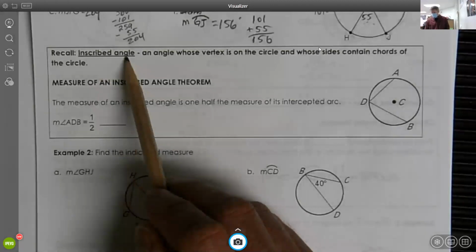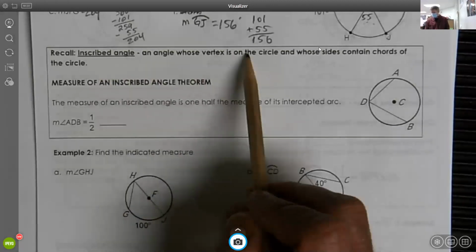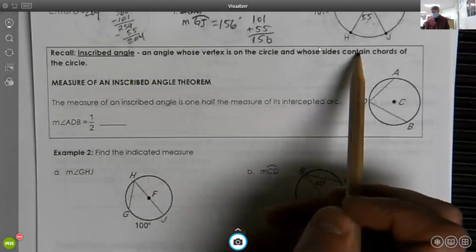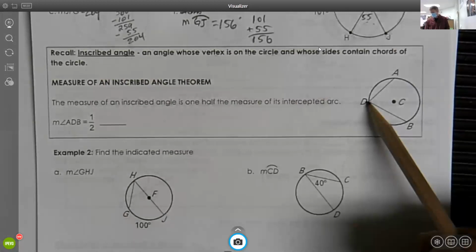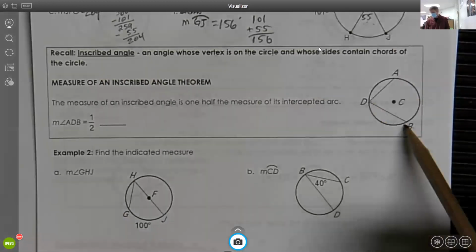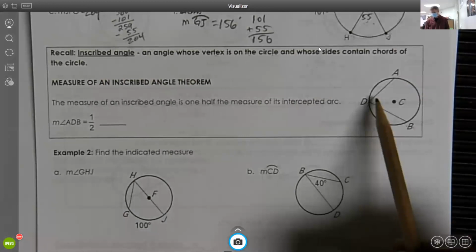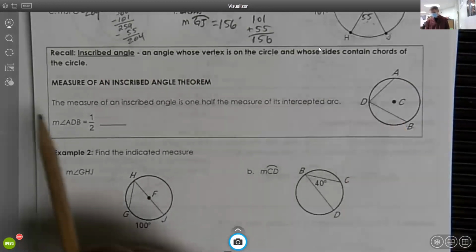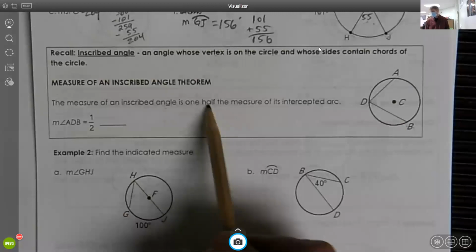An inscribed angle is an angle whose vertex is on the circle and whose sides are chords of the circle. So there's your angle. The sides of the angle are chords, but the vertex is on the edge. The vertex is not at the center. The measure of an inscribed angle is half the measure of the intercepted arc.